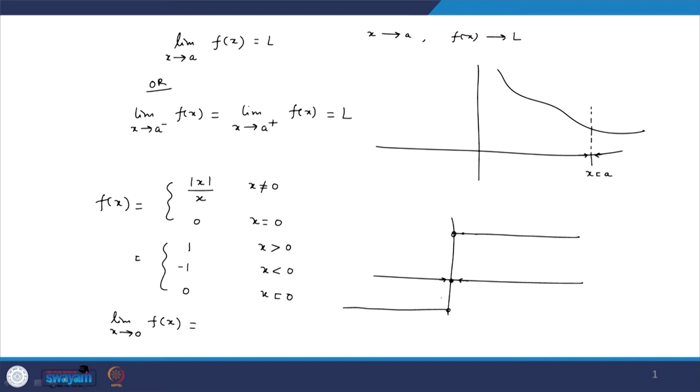Since minus 1 is not equal to 1, this limit does not exist. So the limit as x tends to 0 plus is 1, and the limit as x tends to 0 minus of f(x) is minus 1. Since the two limits are not the same, limit x tending to 0 of f(x) does not exist.